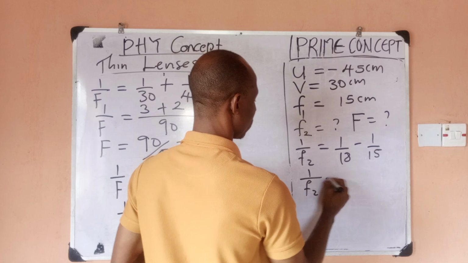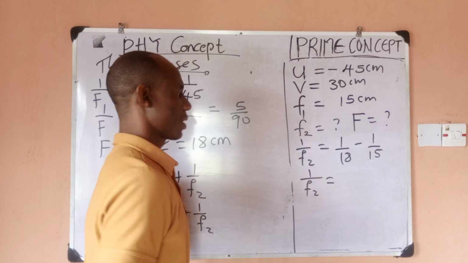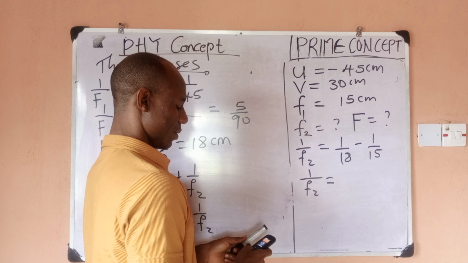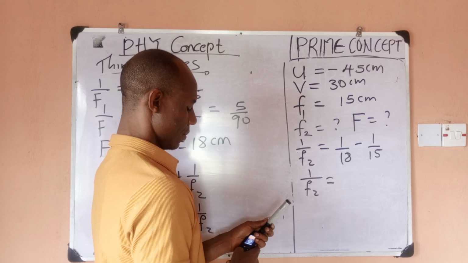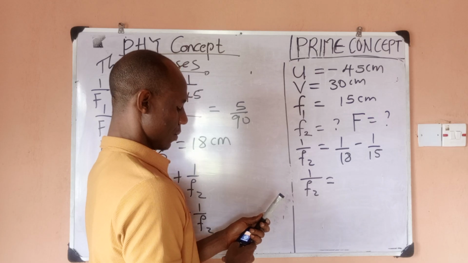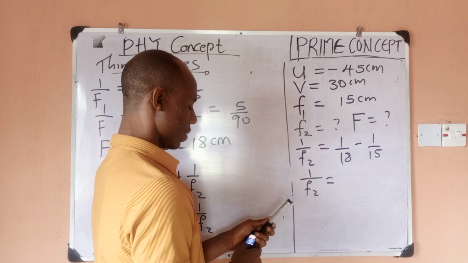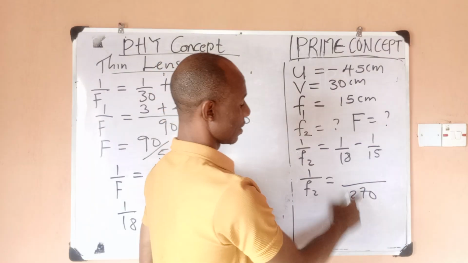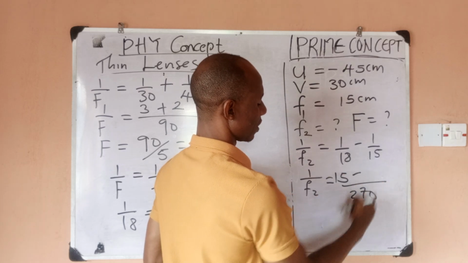Let's just multiply 18 by 15 to be easier for us, so let's say 270. 18 in 270 is 15, so I have 15 minus 15 in 270 is 18.